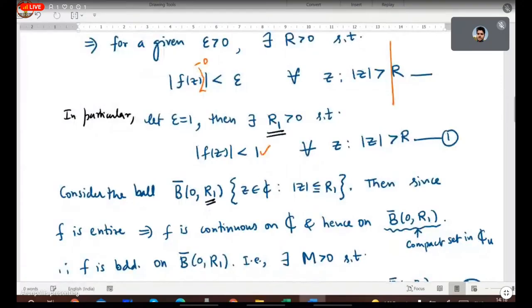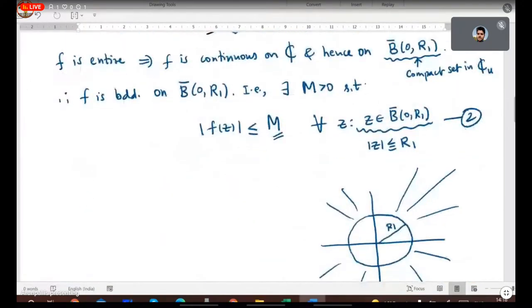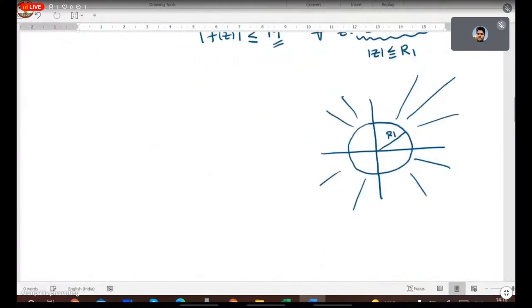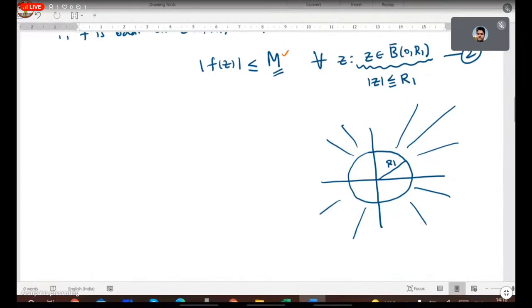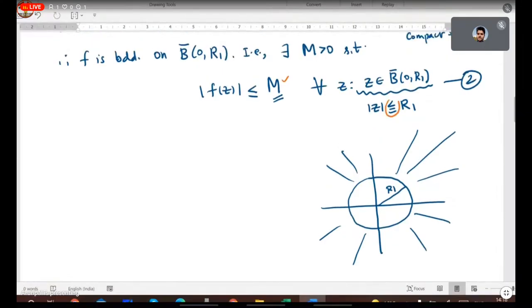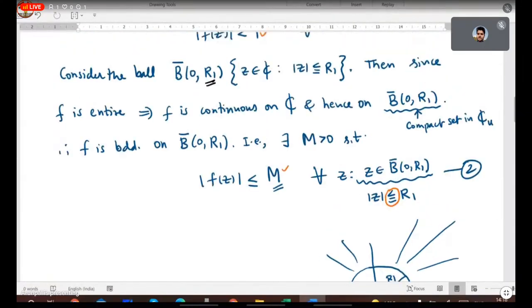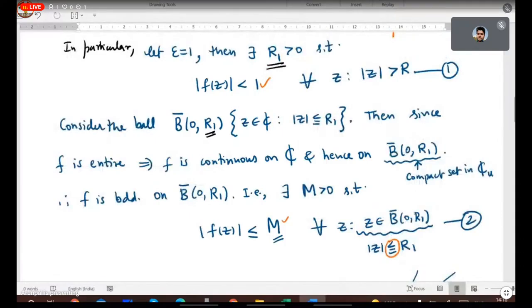So ultimately you can see that the function is controlled on the whole of the complex plane. Yes or no? Less than or equal to R1 you are covering here, and greater than R1 you are covering here. Yes, it is R1.